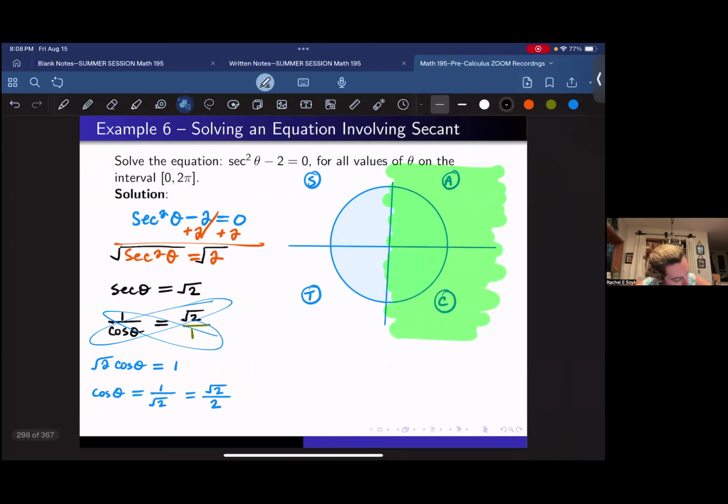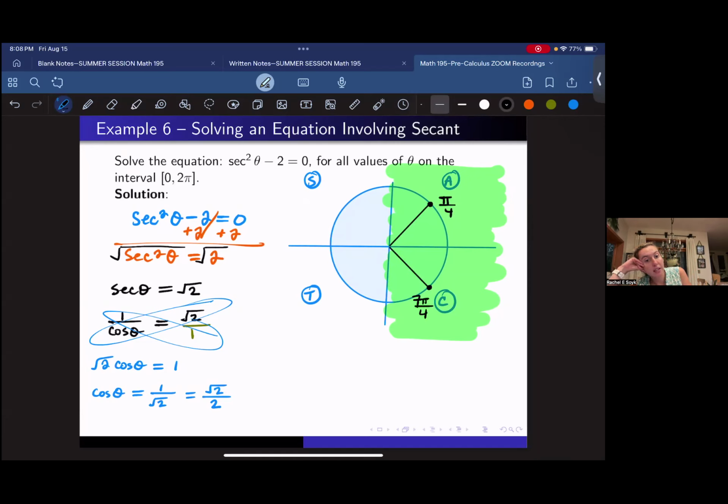And then we'll put in our terminal sides at those 45 degree, the pi over 4 multiples. So we have a pi over 4 here. And then we have a 7 pi over 4 here.